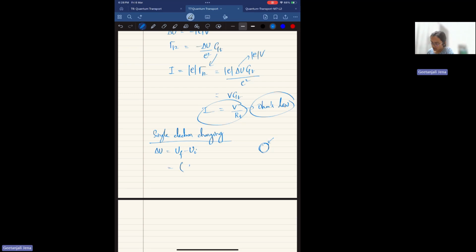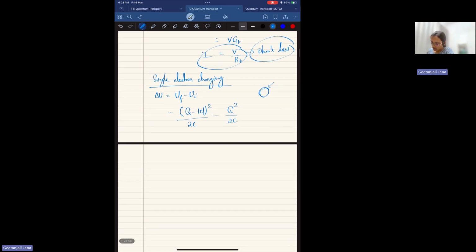UF you can write as Q minus mod E square by 2C, and initially we have Q square by 2C. And if we solve it, we'll get E by C times mod E by 2 minus Q.